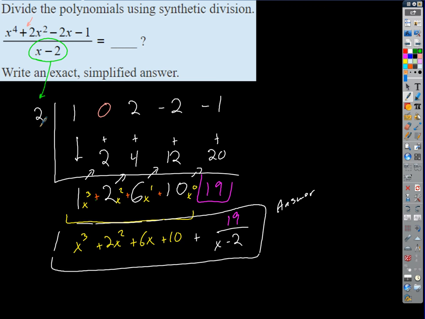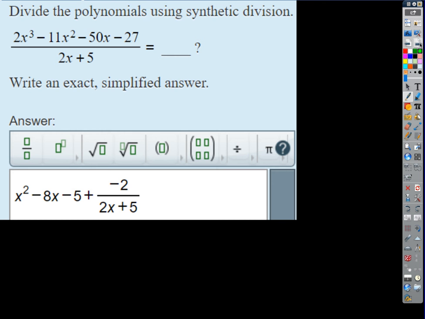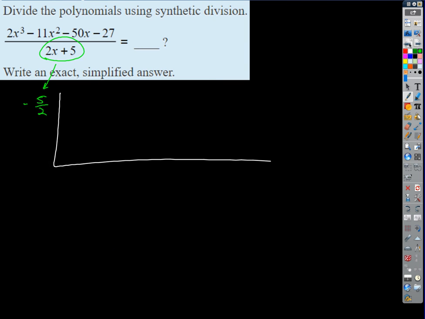If the number outside is negative 5 halves, then the assumption is we've just subtracted negative 5 halves from x, okay? So the math gods think we're doing this. They think that we've got on the bottom x plus 5 halves.